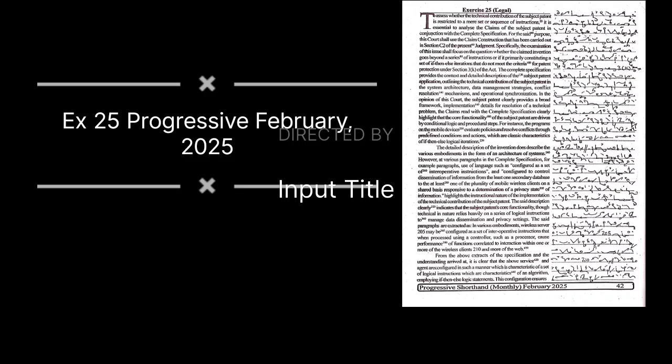In order to complete the assessment of various parts of the complete specification, this court shall also consider the elaboration of the independent claim relating to the method in claim 3. The paragraphs describe a method where the wireless server displays scenarios, the user selects one, and the server determines parameters based on this selection.